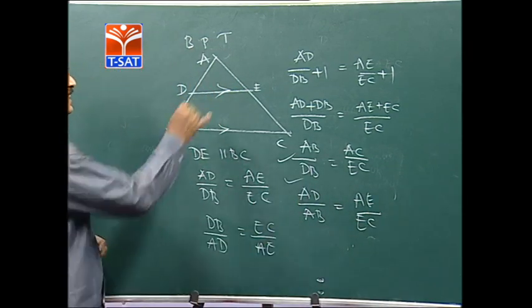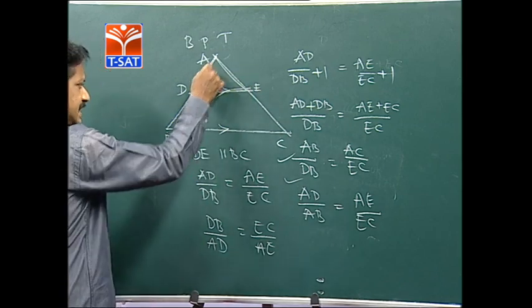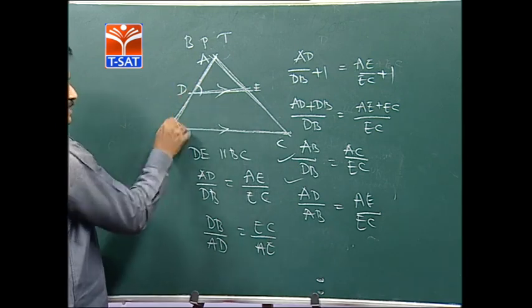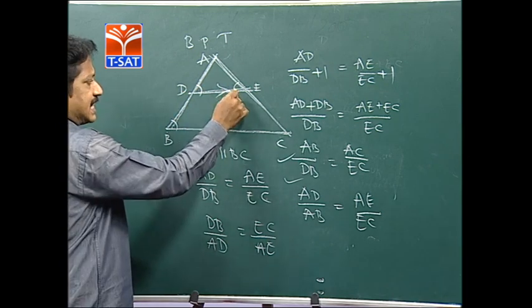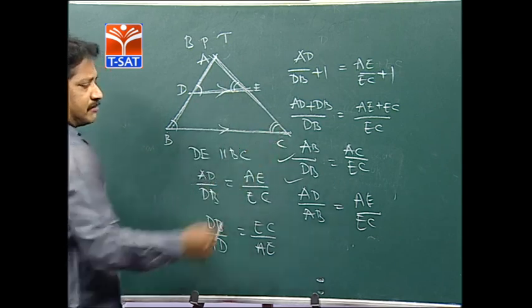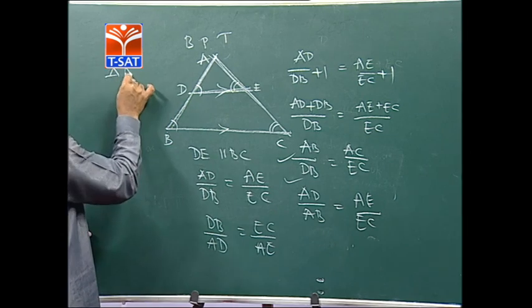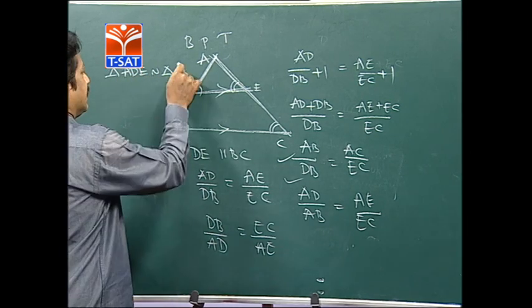The reason is triangle ADE is similar to triangle ABC, correct? Because this angle is equal to this angle; the line is parallel, so these are corresponding angles. So triangle ADE is similar to triangle ABC.